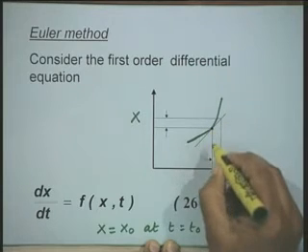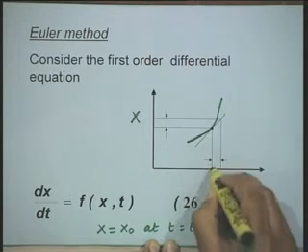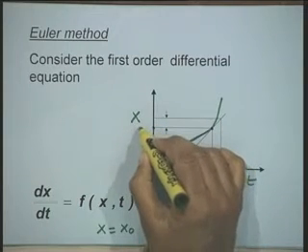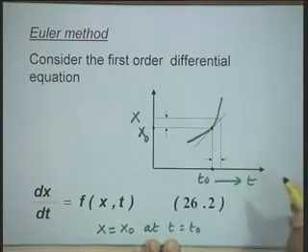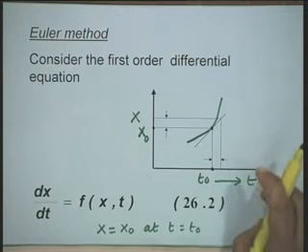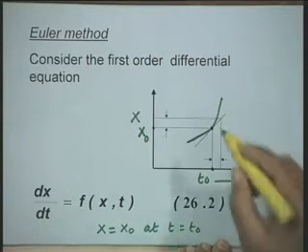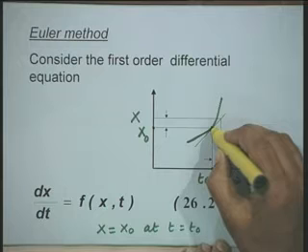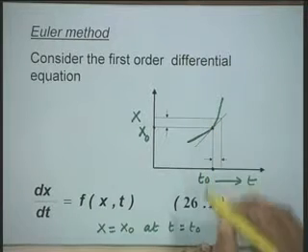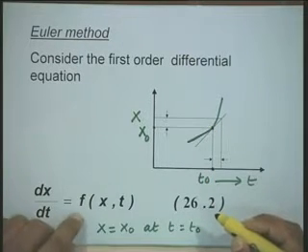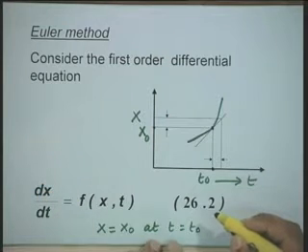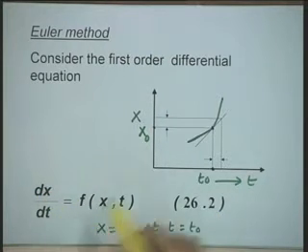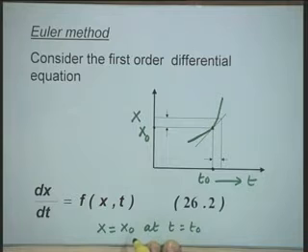This is the initial point, this point is t equal to 0, and corresponding to this, x is equal to x naught. This is the initial operating condition. What we do is we find the derivative of this function, that is, obtain the derivative at x equal to x naught.